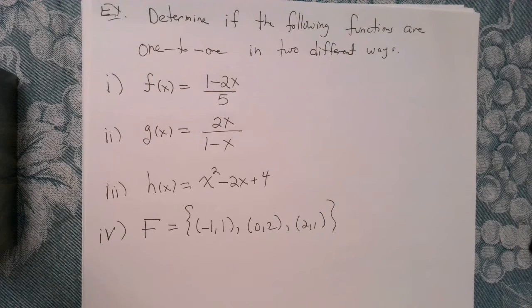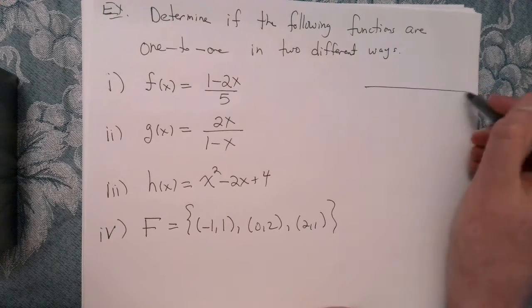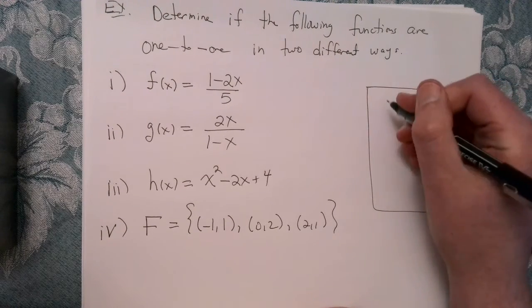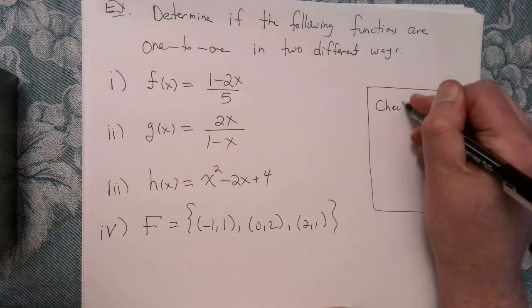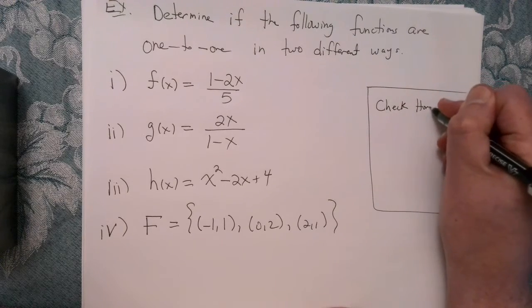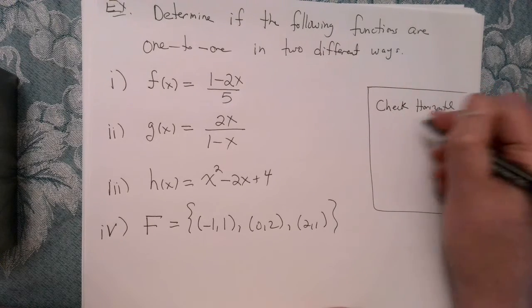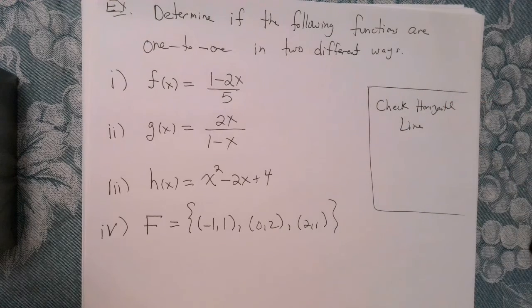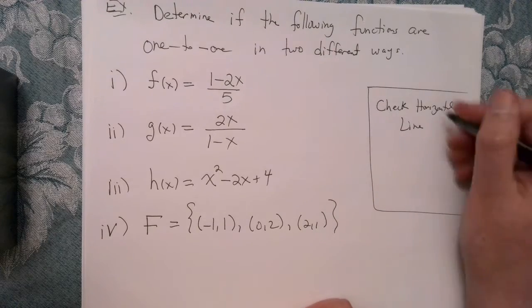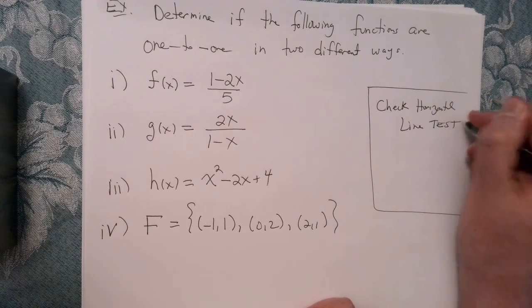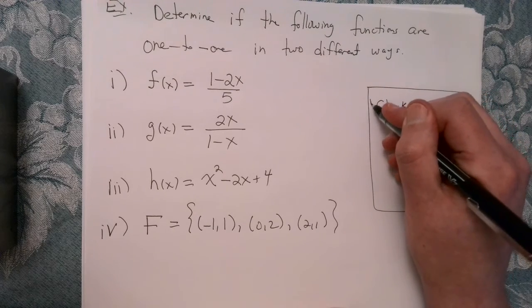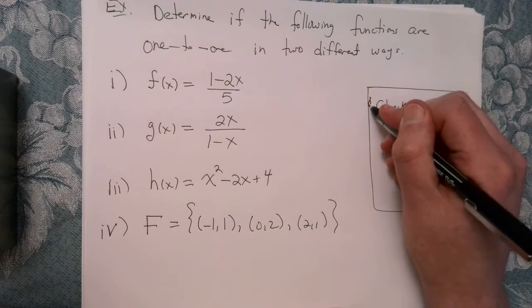Okay, so I think we should go about this. Let's check the horizontal line test, because I think that's going to be a good opportunity for me to show you the shortcomings of the test. Sometimes it's great, sometimes you'll see.